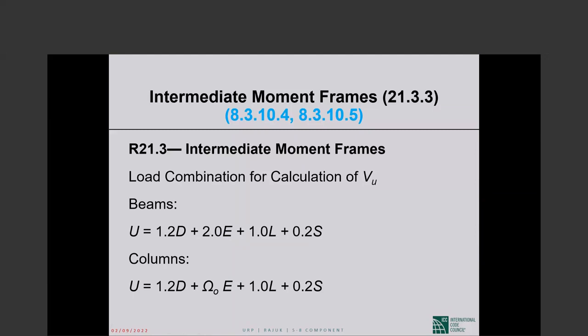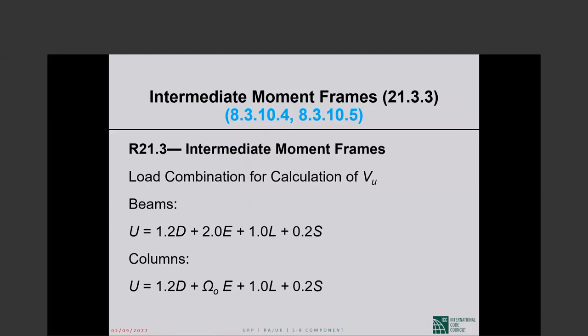Remember, E is the sum of E sub H and E sub V, horizontal and vertical earthquake effects, all of that is understood.